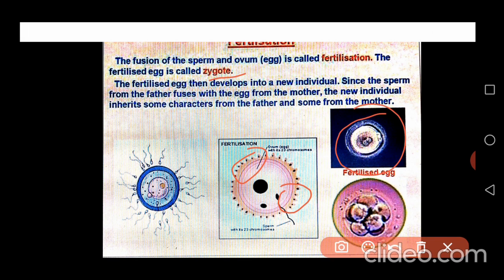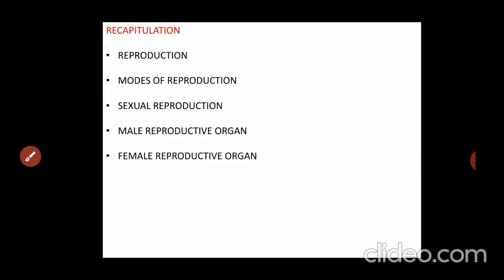That condition is what we call diploid. Diploid means two sets of chromosomes, or 46 chromosomes, 23 from males and 23 from females. Understand, that is what we call fertilization.